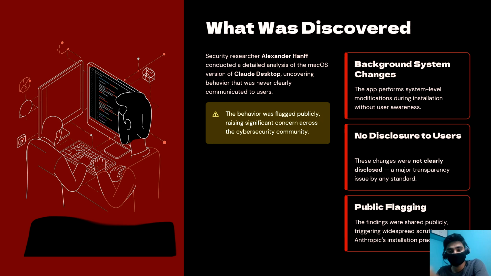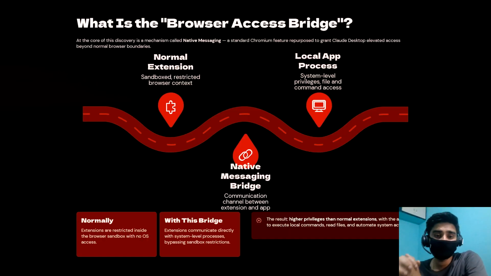So these changes were not clearly disclosed, and a major transparency issue was at stake here. After public flagging, the findings even triggered a response on the website or Anthropic installation. These public flaggings become a serious concern where your data can be publicly disclosed.